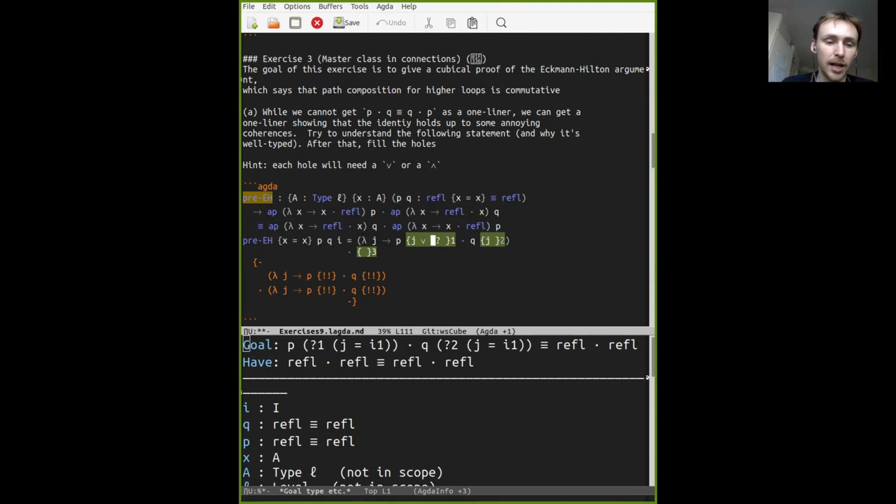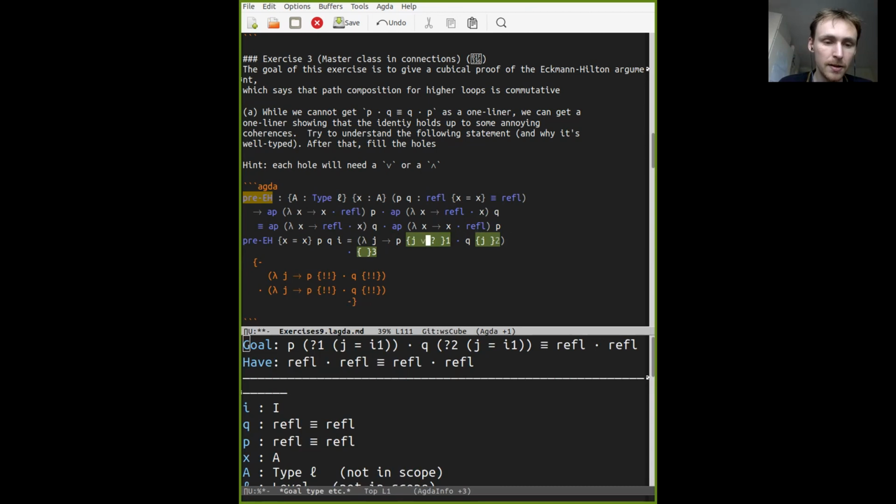If I would put this guy here and we restrict j to 0, then this thing is actually going to reduce to p of whatever we put for the question mark. And we had to have a j, right? It can't be this because there's no inversion on the j appearing in our terms.